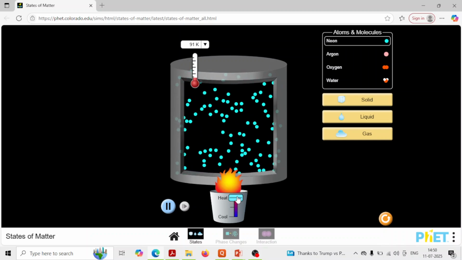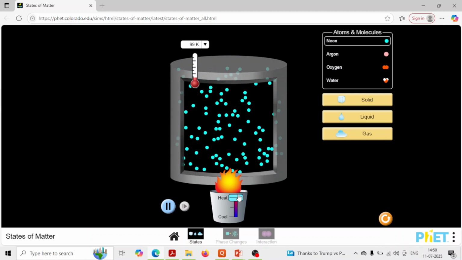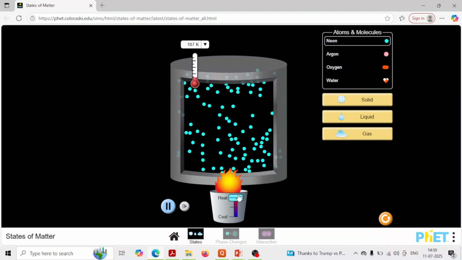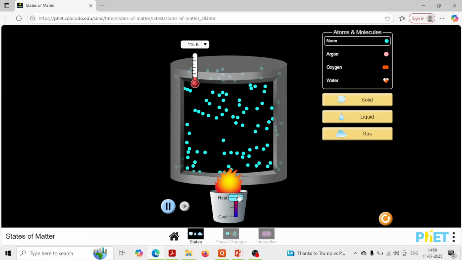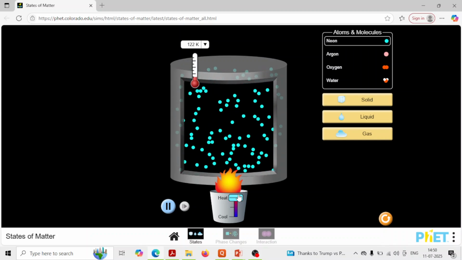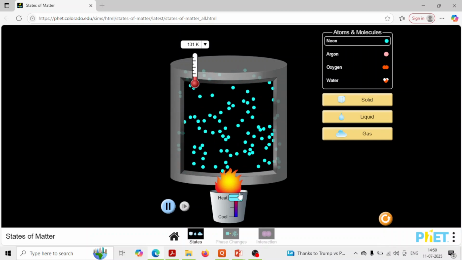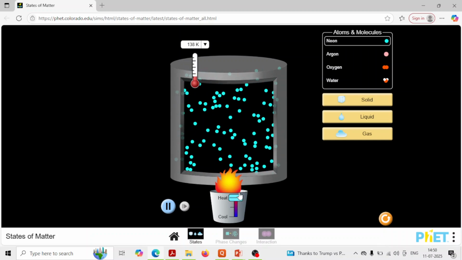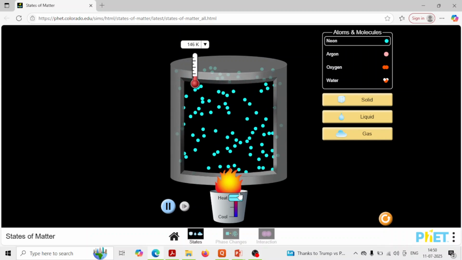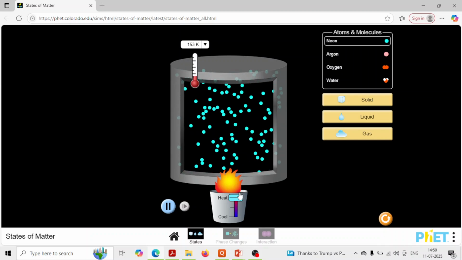So what is happening to the molecules? Molecules are moving faster, right? When I increase the temperature further, the molecules started moving faster, right?